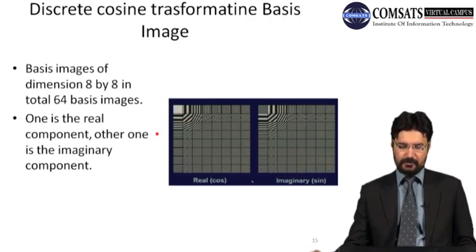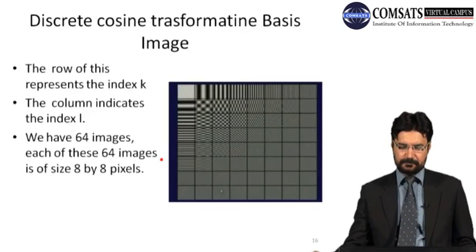So there are some real components and some imaginary components. There is another example that we can see after applying a different kind of basis image. We again see that there are 64 images because it's an 8 by 8 grid, and each image is a basis image which is also represented by 8 by 8 pixels.